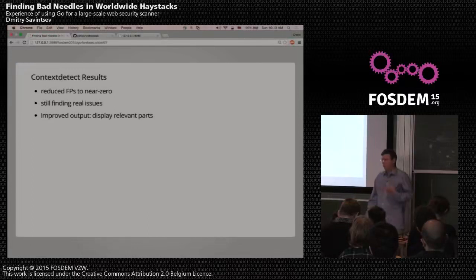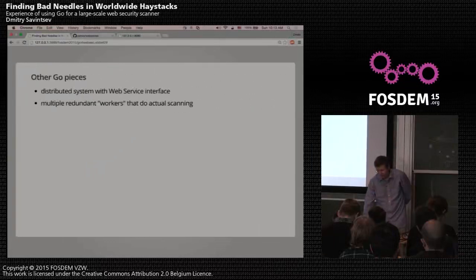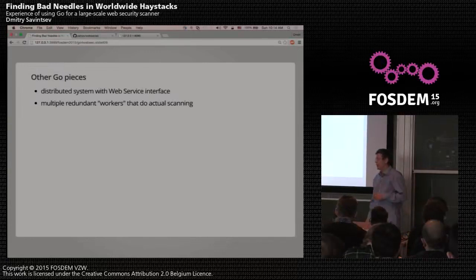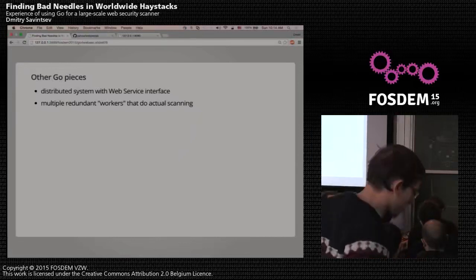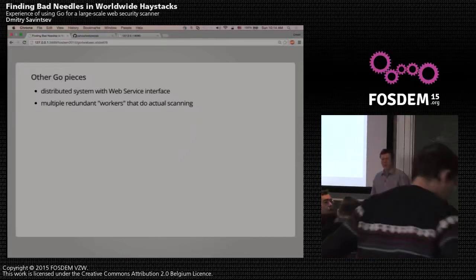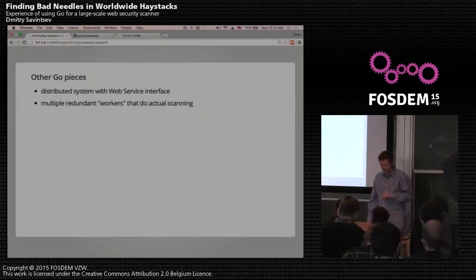We also improved output, because we can take the relevant parts from the context, like the part of the breakage. The scanner with context detect is now part of the CD pipeline, and it scans all the websites that go out from developers. So you can say that Go has a role to play in keeping lots of Yahoo sites secure.